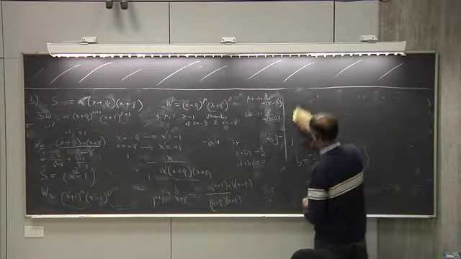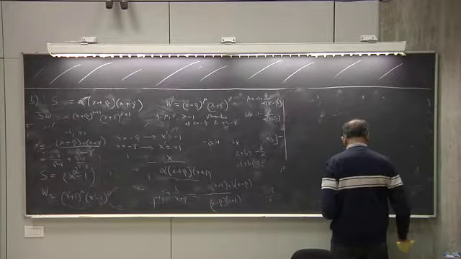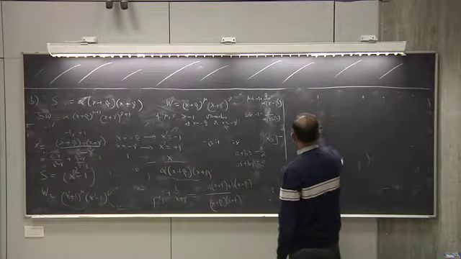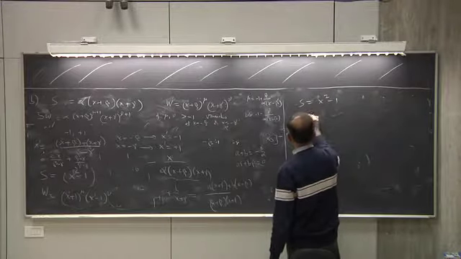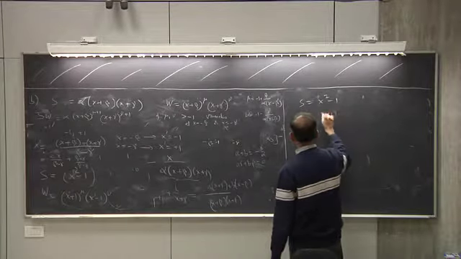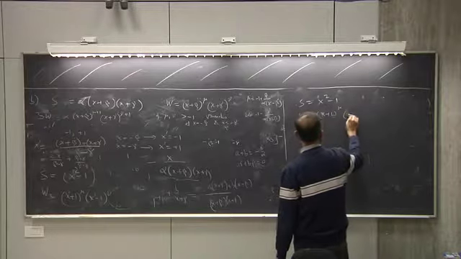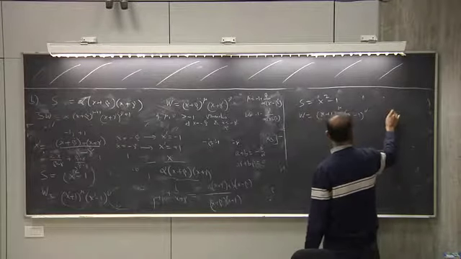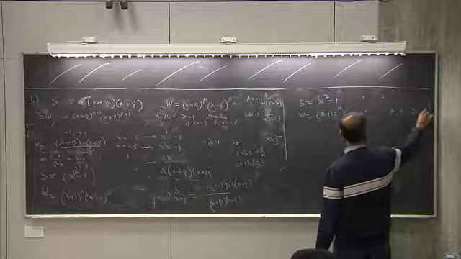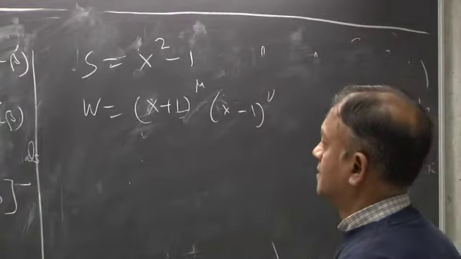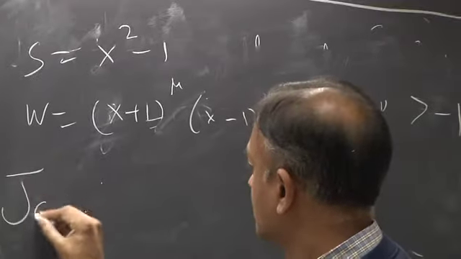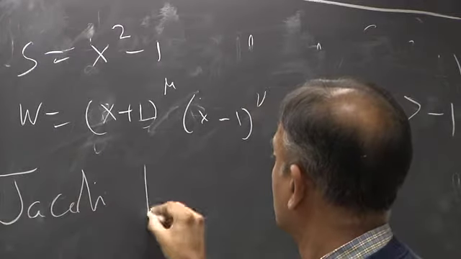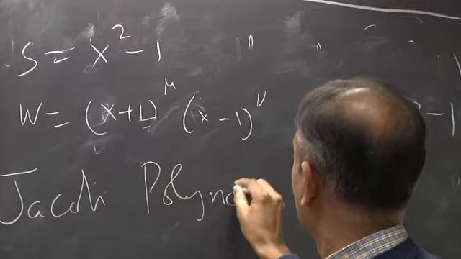Okay, so this is the last category. We take S equal to x square minus 1, W is x plus 1 to the mu, x minus 1 to the nu, with the condition mu and nu greater than minus 1. And that's it. This defines what are called Jacobi polynomials.